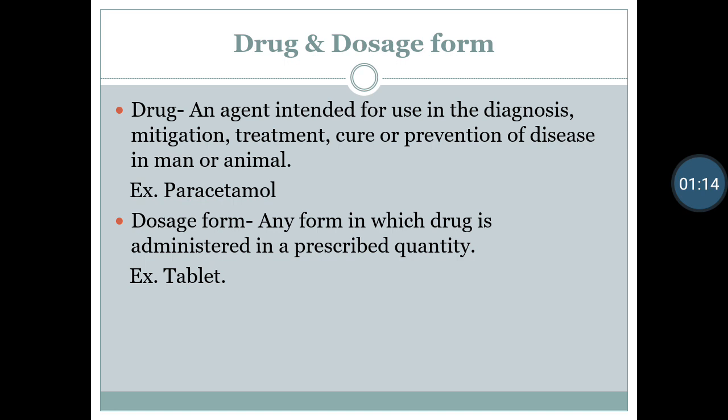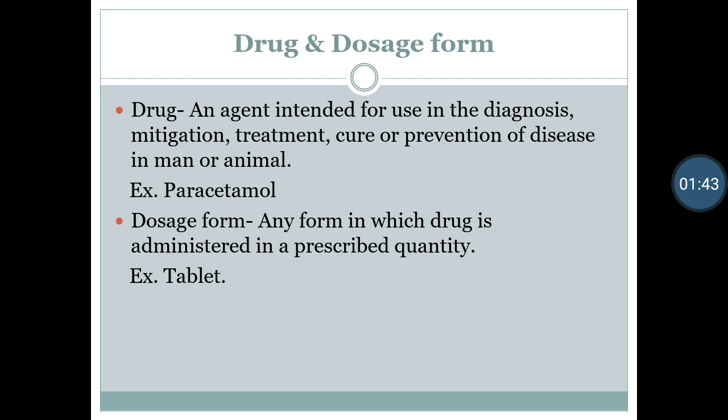And mitigation means the action of reducing the seriousness of the disease or the pains of disease. So, the drug can be used in the diagnosis, in the treatment, in the mitigation, cure, or prevention of any disease in man or animal. The example of drug given here is paracetamol.